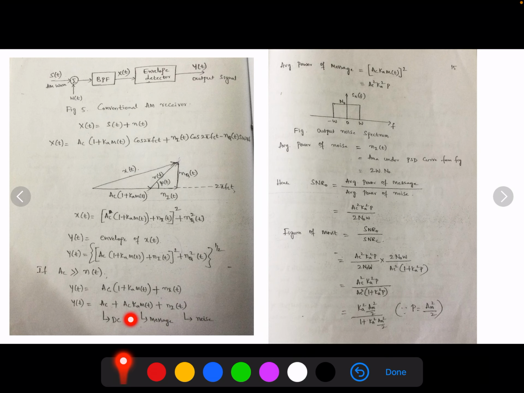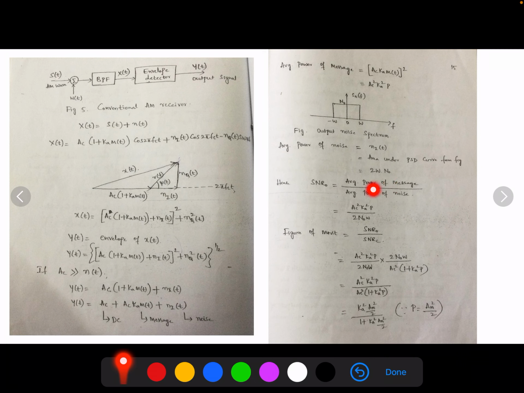So accordingly, the output signal to noise ratio of the AM using the envelope detector is as follows. The average power of the message Ac Ka m(t), we know in order to find the power we take the square, is Ac square Ka square into P. And the average noise power Ni(t) is equal to the area under the power spectral density curve from this figure, so here it is 2 times W into N naught.